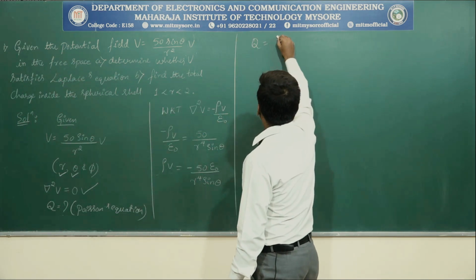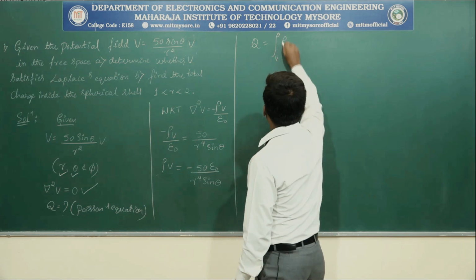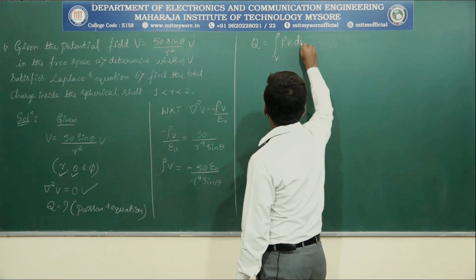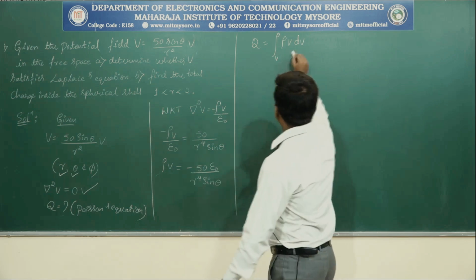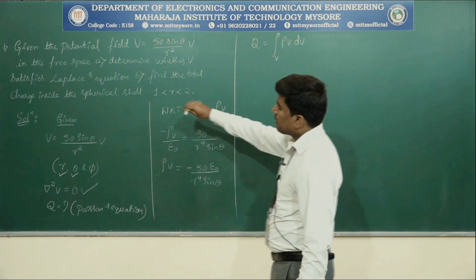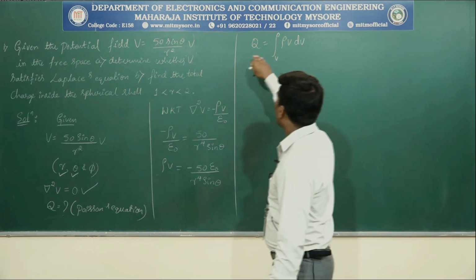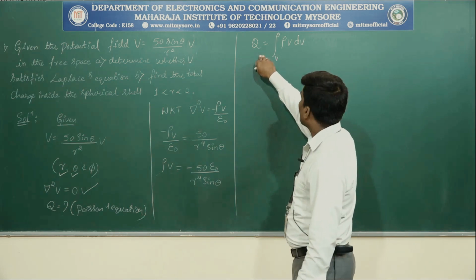Q is equal to volume integral of rho V into dv. We knew this equation. The total charge enclosed within the spherical shell is obtained by using this equation.